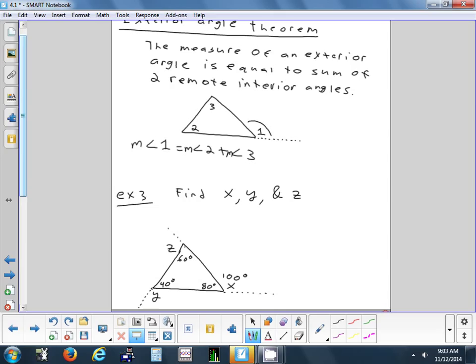Okay, so let's see if we can find x, y, and z. Okay, let's start off with z.